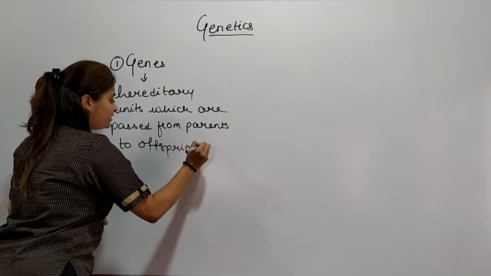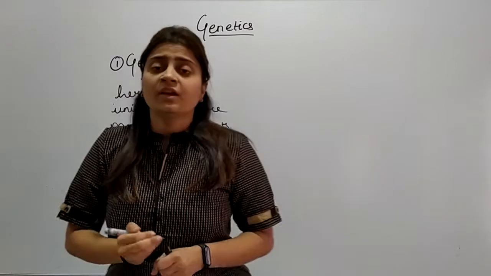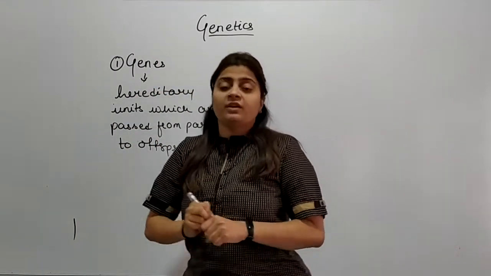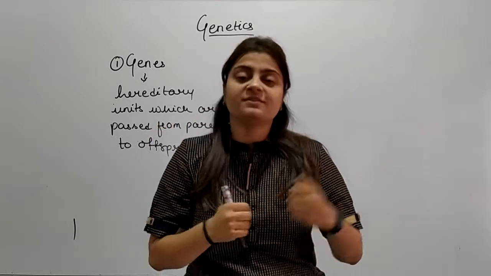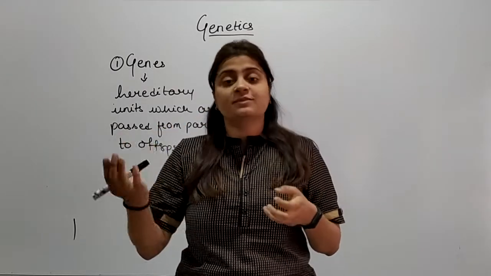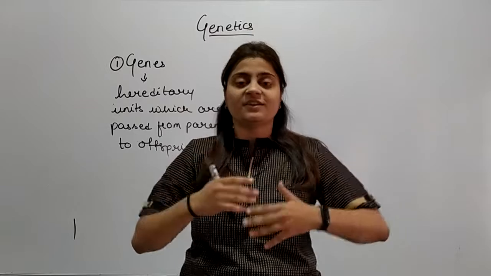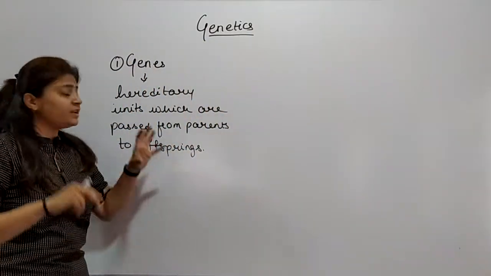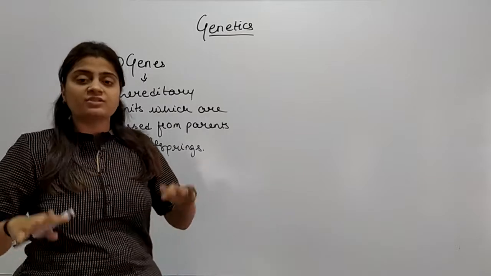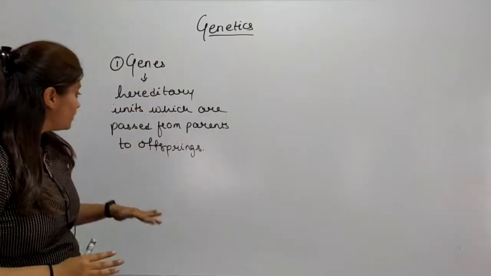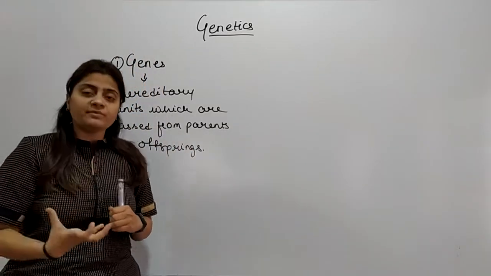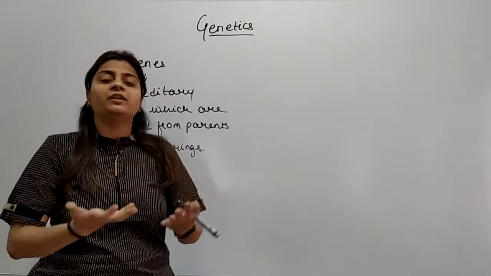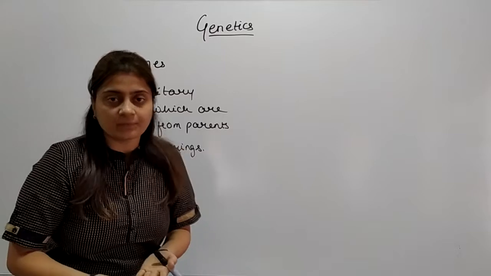Now, you would be hearing a lot from your childhood till now that this thing is in my genes, drawing is in my genes, cooking is in my genes, intelligence is in my genes. So genes are basically the basic structural as well as functional unit which are passed from the parents to you, and that is what determines how you will look.